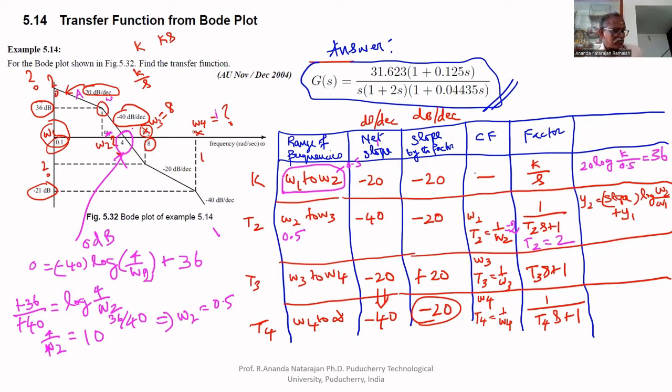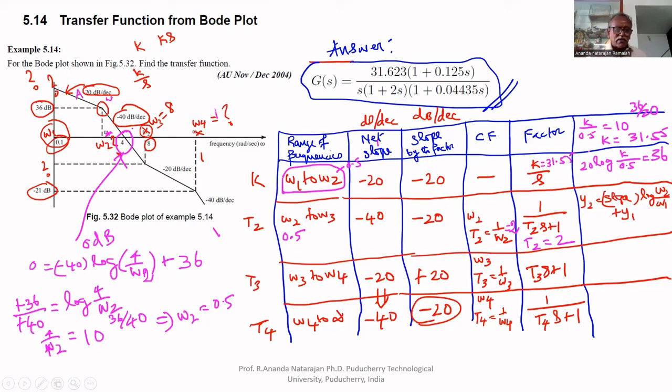Therefore, what is k? From this we can write k by 0.5 equal to 10 to the power 36 divided by 20. Therefore, k equal to 31.55.